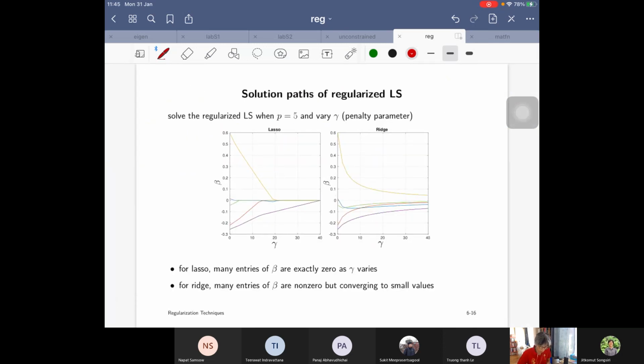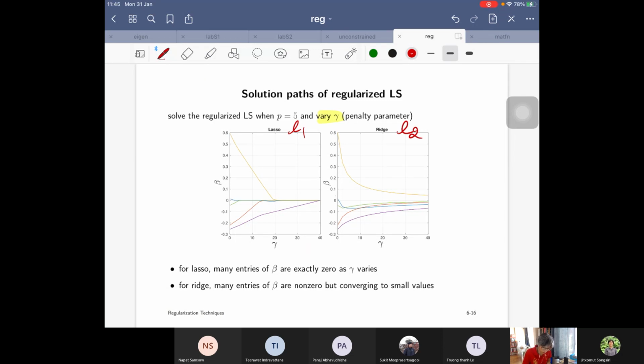Now we can take a look at the solution path. The solution path is the optimal solution beta when you solve the Lasso problem by varying the penalty parameter. Now we compare Lasso and ridge regression. Remember, Lasso is L1 regularization, ridge is L2.